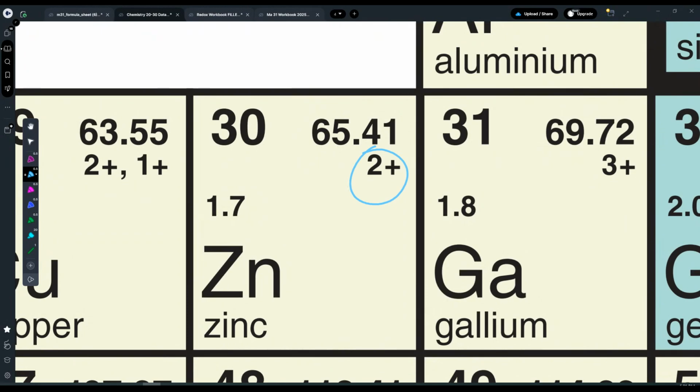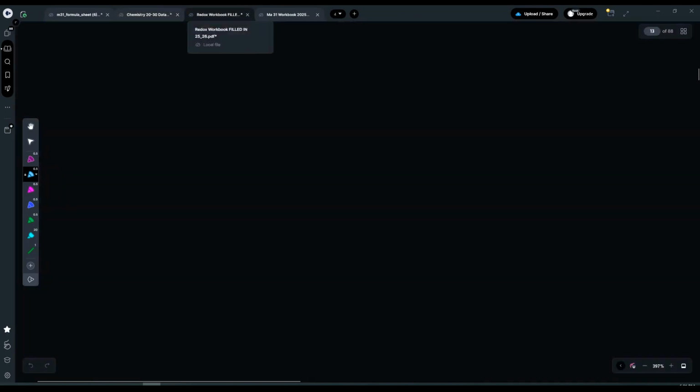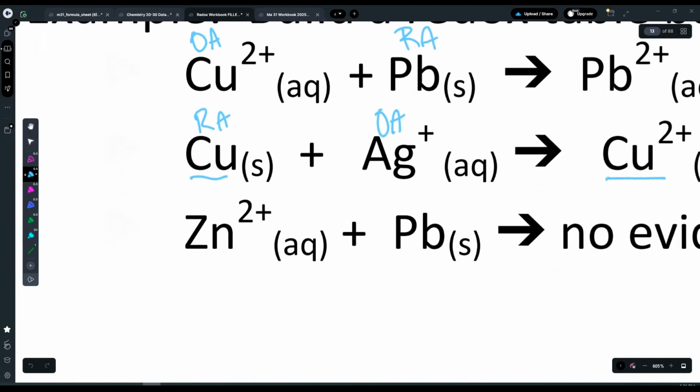The only other option for zinc is to have a neutral charge. So if we're starting with zinc 2+, its only option is to go to zinc solid, that neutral charge. Going from 2+ to neutral, we're getting more negative, we're gaining electrons, so it's an oxidizing agent. So that means lead has to be a reducing agent.